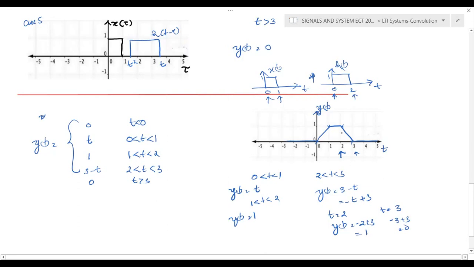You will get 3 here. Similarly, you get each changing point, 1 and 2. All these things you can calculate from the given waveform itself. So that's a trick you can remember when you do the problems.